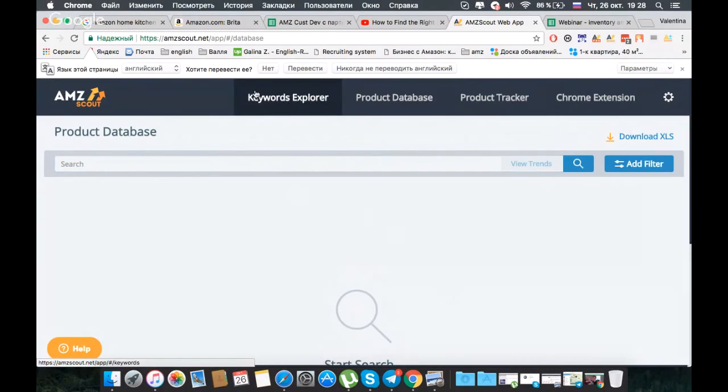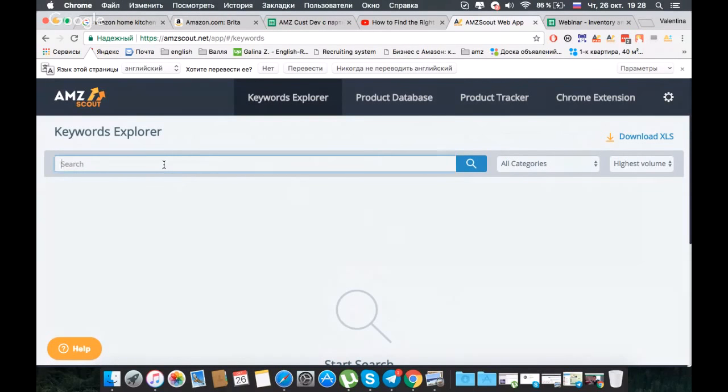Yeah, keyword explorer. Well, in this case, you should already know maybe some ideas. For example, sorry, it's not English. It can be a teapot, for example.